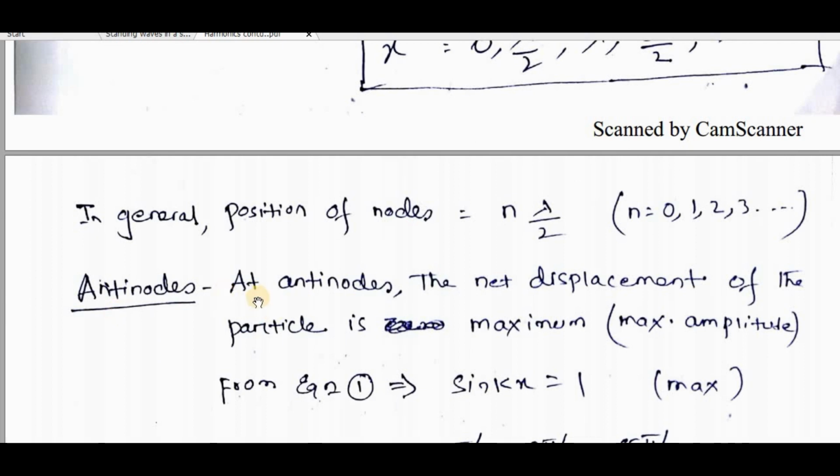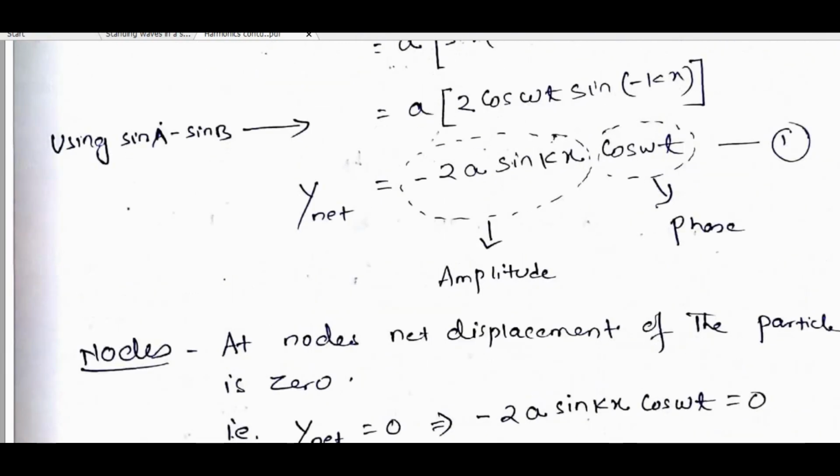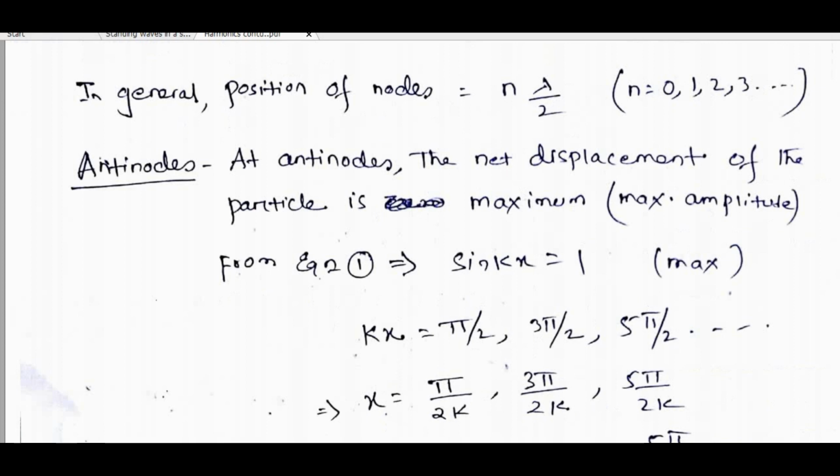Now the antinodes are the positions where the net displacement of the particle is maximum, or you can say maximum amplitude. So in this case, from the same equation, equation number 1, we see that sin kx equals 1. So kx will be equal to pi by 2, 3 pi by 2, 5 pi by 2.